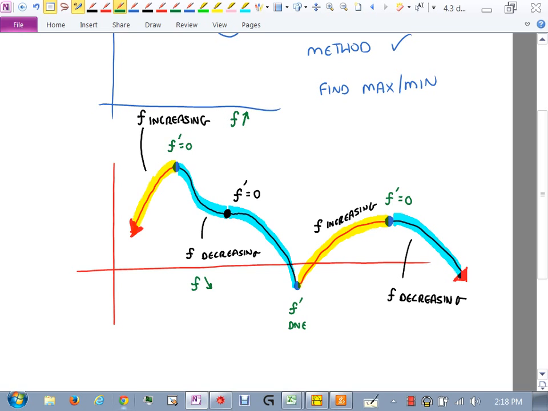Do you think that there's a correlation between the derivative and whether or not a function is going up or down? Absolutely. That's what this is all about. The derivative actually tells us the shape of the graph. It tells us if it's going up or down. So I'm going to put over here, when I say that f is increasing, I'll put it below this.